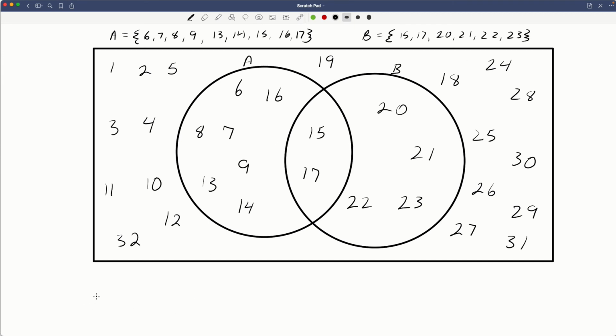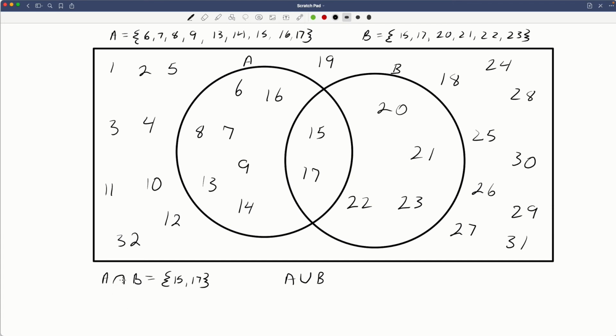Now we can write that the intersection of A and B is equal to 15 and 17. And then we could write the union of A and B, it's the upside down cup. Think of it as a bowl that holds all the numbers.